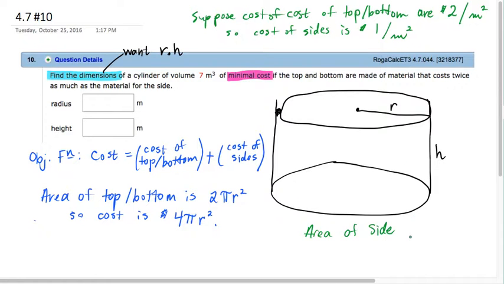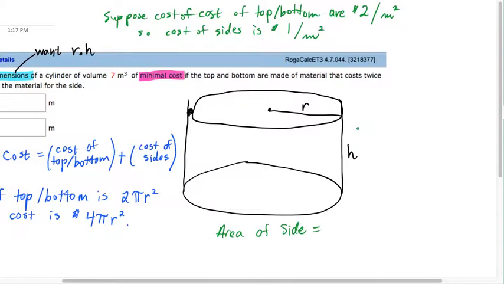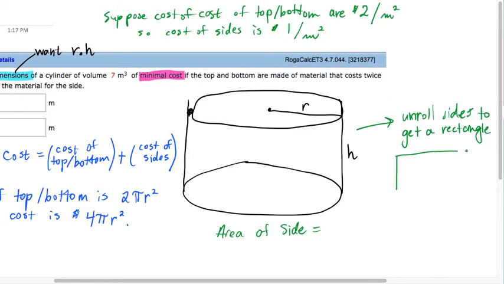So the area of the side is a rectangle, right? If you unroll the sides to get a rectangle, it would look something like this, where that is my height h.